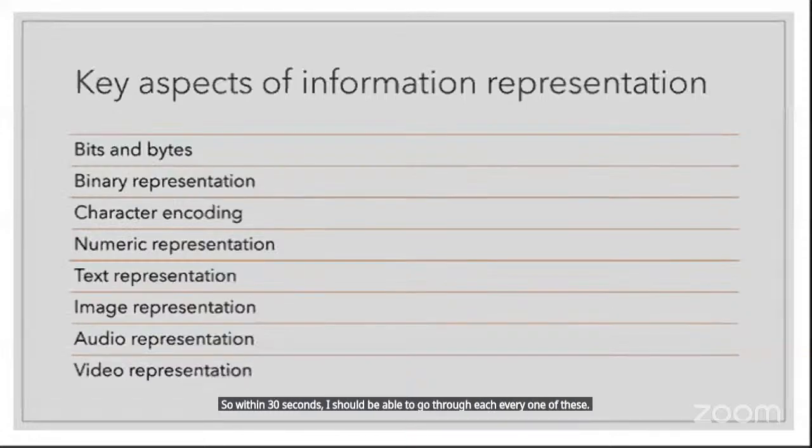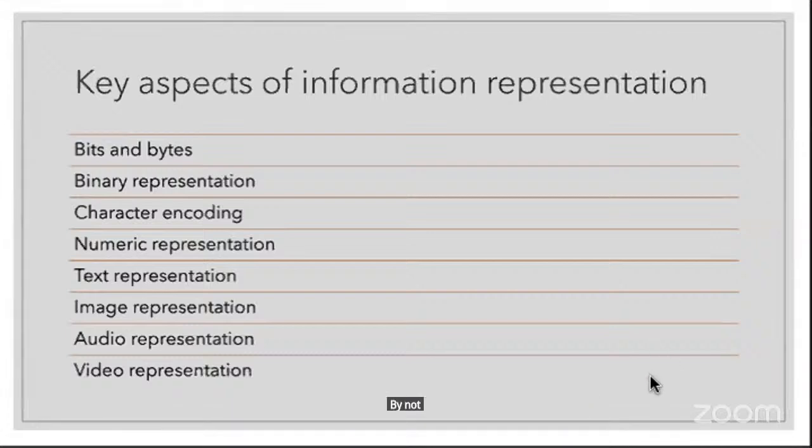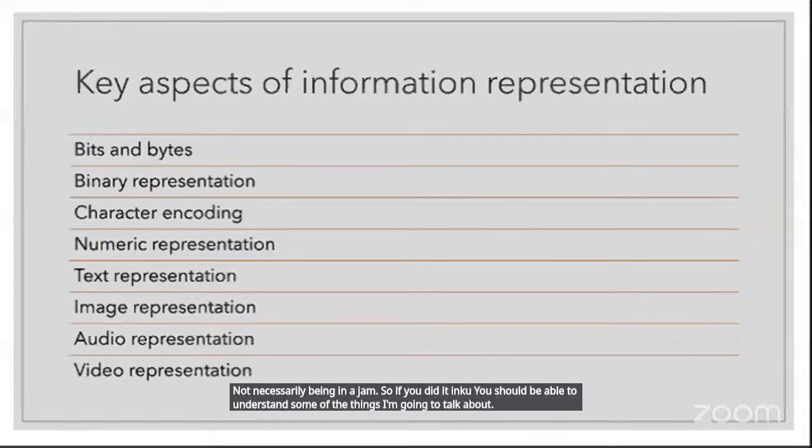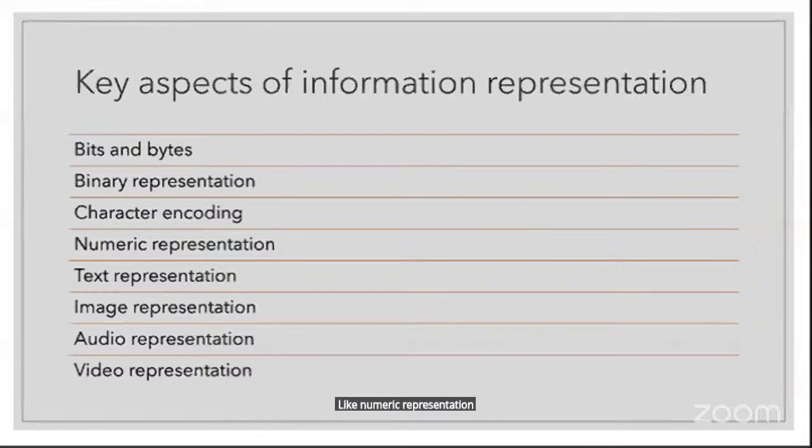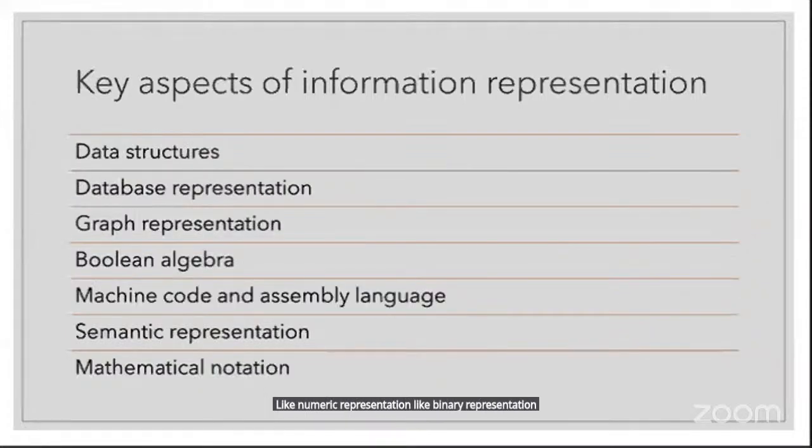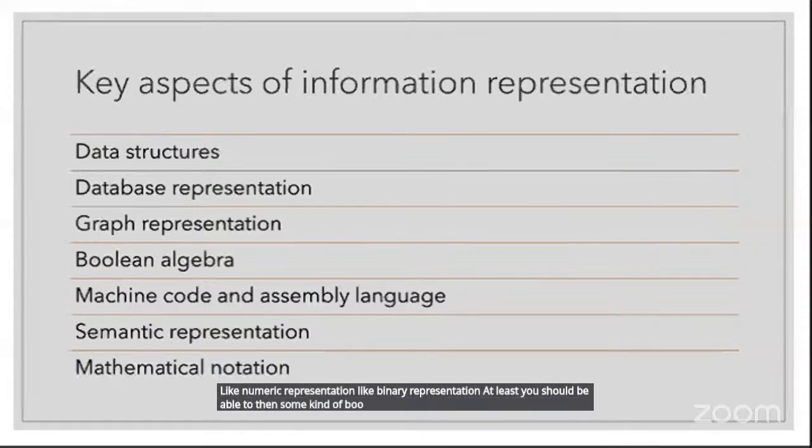I believe that everybody listening to me now did maths in WAEC/NECO. Might not necessarily be in JAMB. So if you did it in WAEC/NECO, you should be able to understand some of the things I'm going to talk about, like numeric representation, like binary representation. At least you should be able to. Then some kind of Boolean algebra and graph representation, and also mathematical notation.